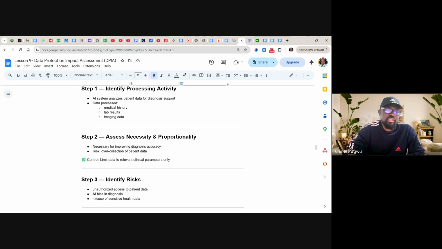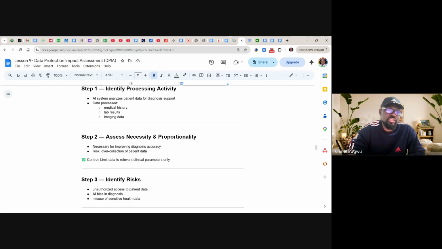So the next is to assess necessity and proportionality. The necessity here is that it is necessary for improving diagnosis accuracy, and the risk is over-collection of patients' data. That is the necessity here. So we cannot dodge it.